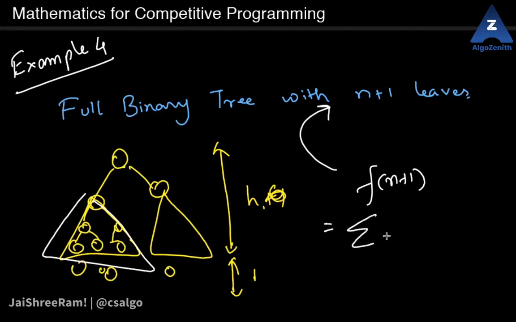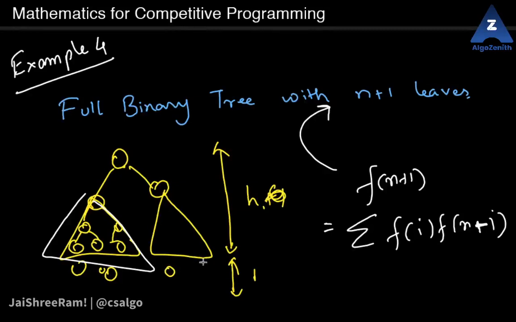So this also resolves into that same recurrence relation that we had, right? f of i into f of n minus i, because at least one of them has to have 1. That's how we are defining this. So the height needs to be balanced, right? That's why we have defined this n plus 1 leaves, so that both the sides will have at least one node in this particular part.